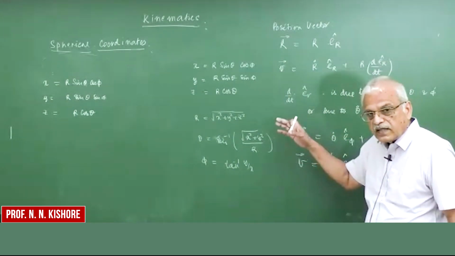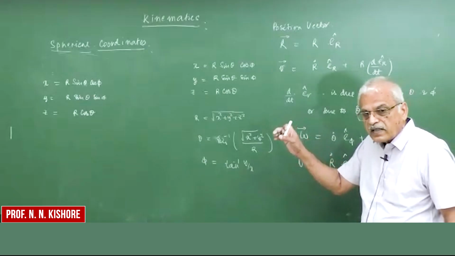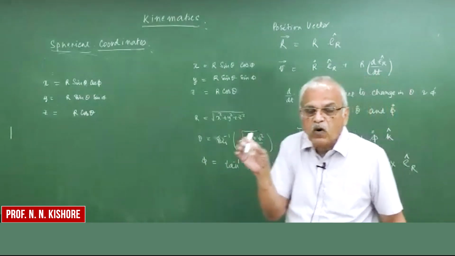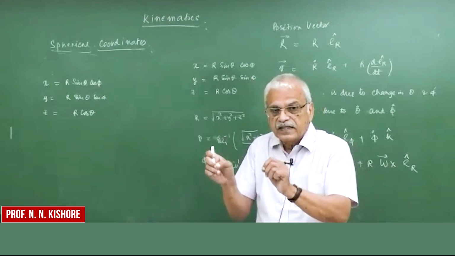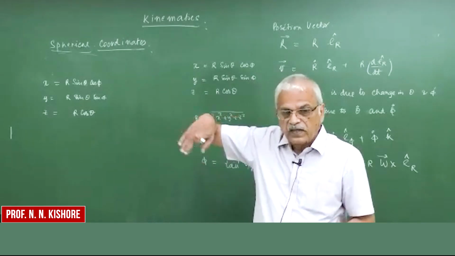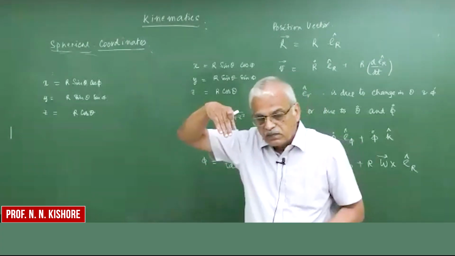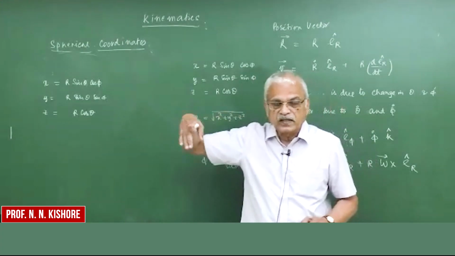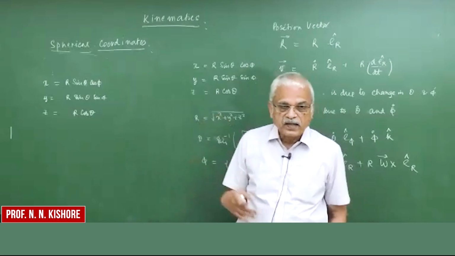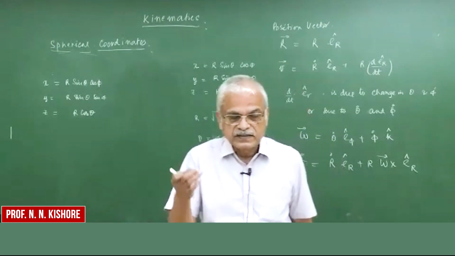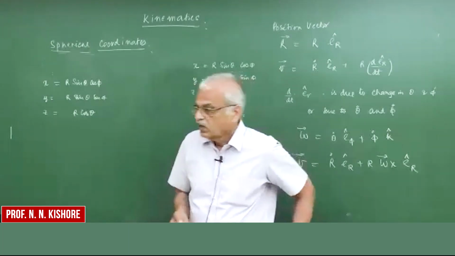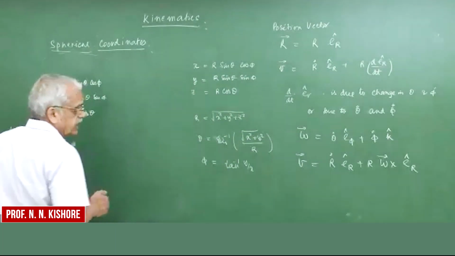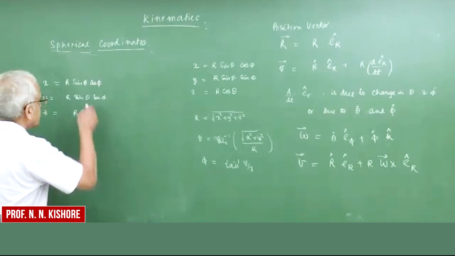These e r, e theta, e phi are what result when small changes delta r, delta theta, delta phi take place, so they are the change in the direction of p while r, theta, phi change by infinitesimal quantities. So we need a relationship between infinitesimal quantities.